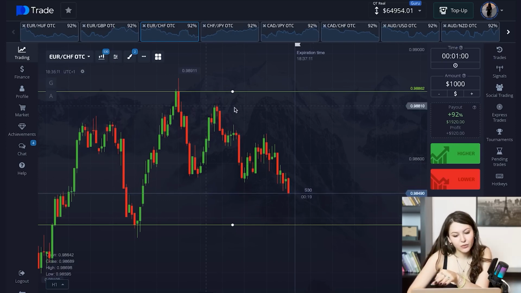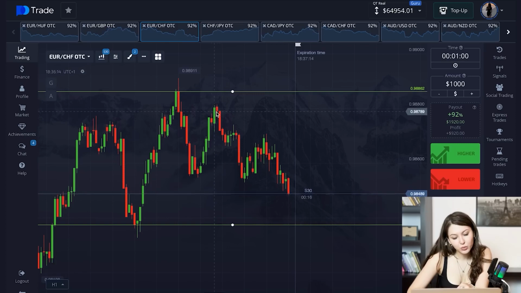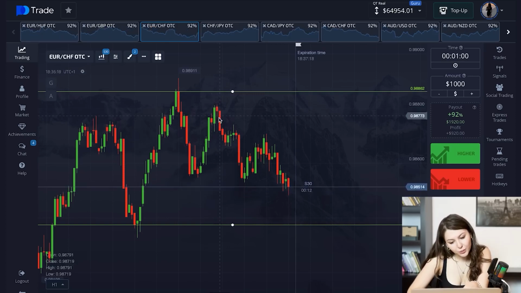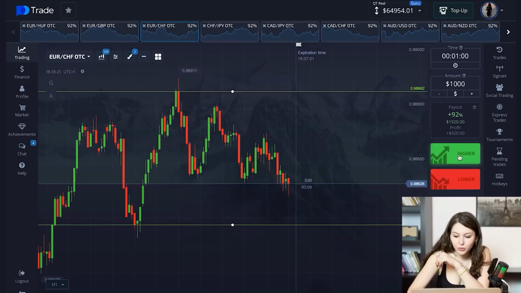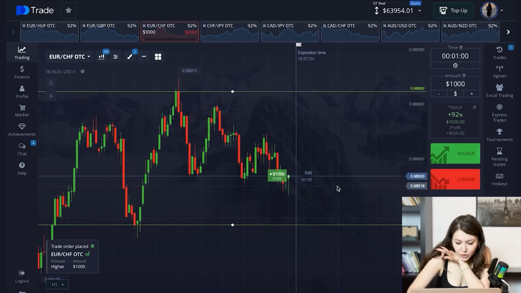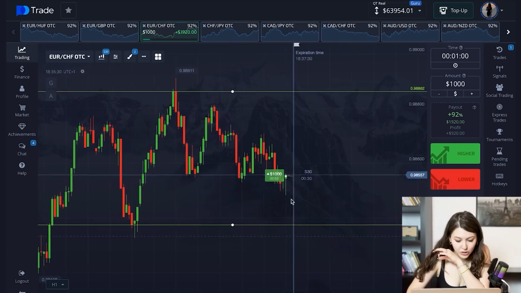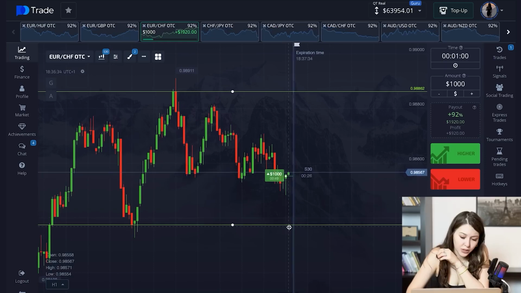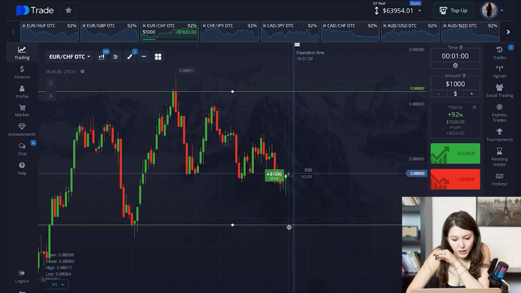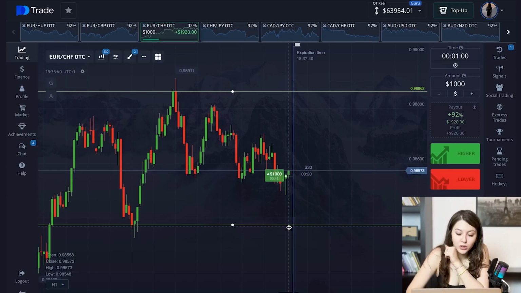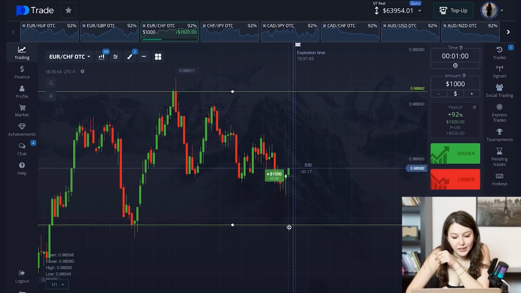So for example, if the price is somewhere here, we can understand that probably it will go downwards because we don't have such a big area right here. So here I think that the price is gonna go upwards. First of all, I can see that from the curve, so we're making one more curve. Moreover, here is not a very big area to work with to the minimum, so I think that the price is gonna go higher because of 2 points in technical analysis, and let's wait and see what we're gonna see here.